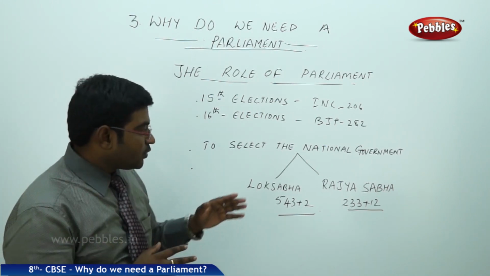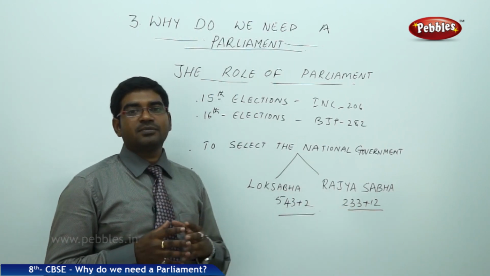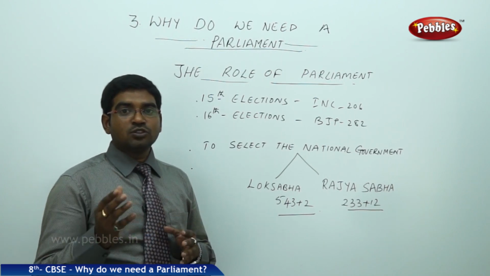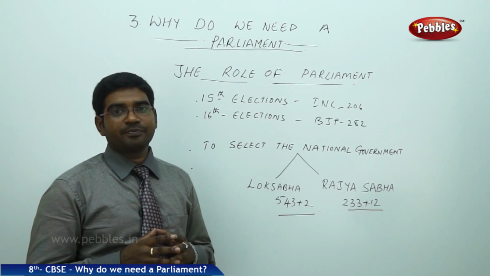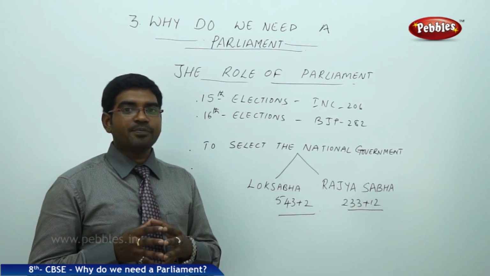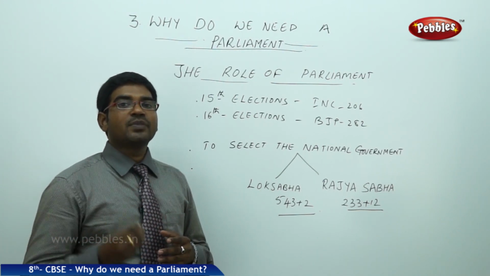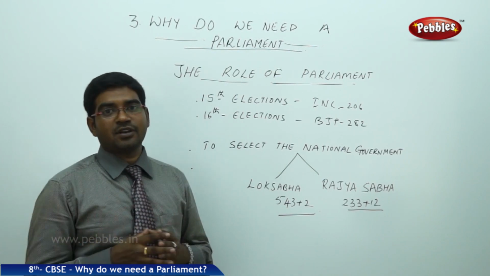In Rajya Sabha, we have 238 members, of whom 233 are elected indirectly, through the people's representatives, and the rest, 12, are nominated by the President of India, who are well versed and talented in different fields of art, film, music, etc.